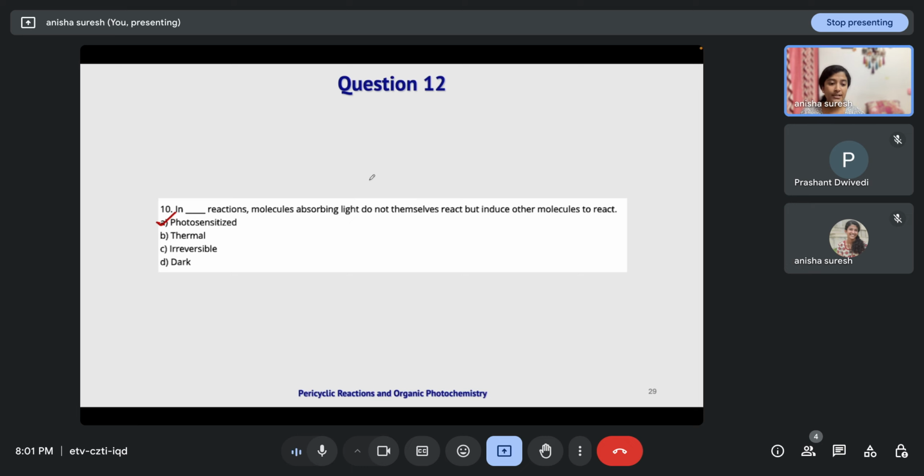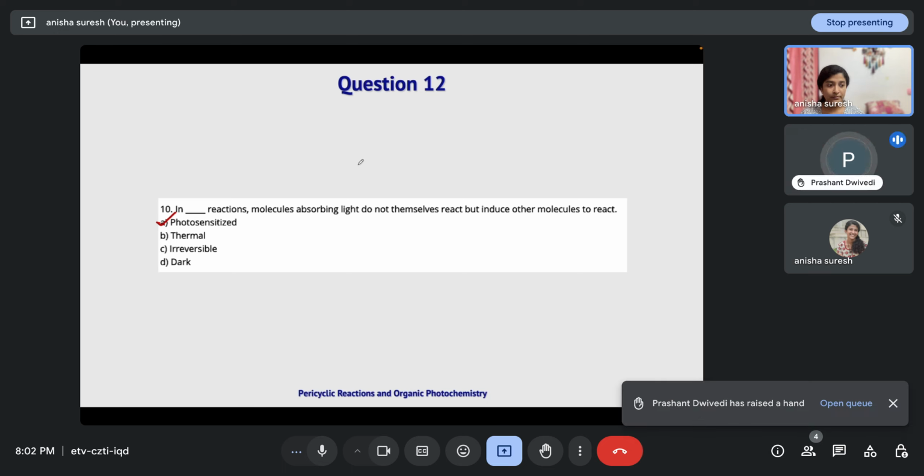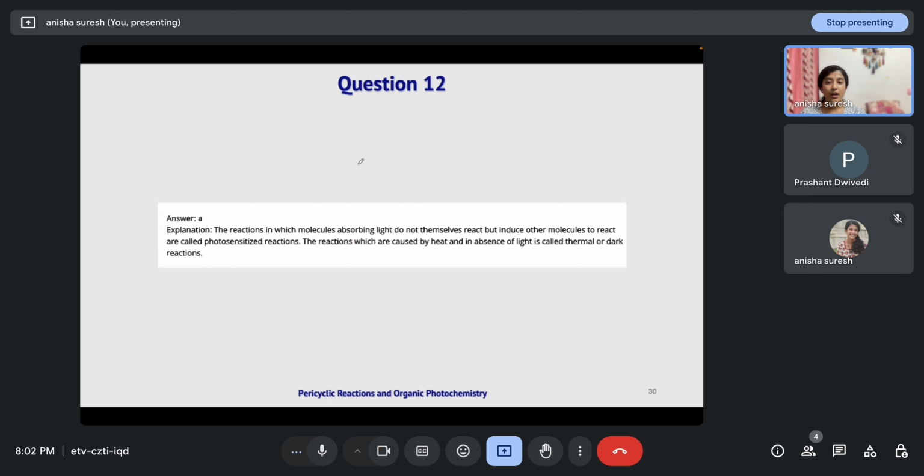Such reactions are known as photosensitized reactions. The reactions which are caused by heat and in the absence of light are called thermal or dark reactions. So photosensitized reactions will be the answer for the question.